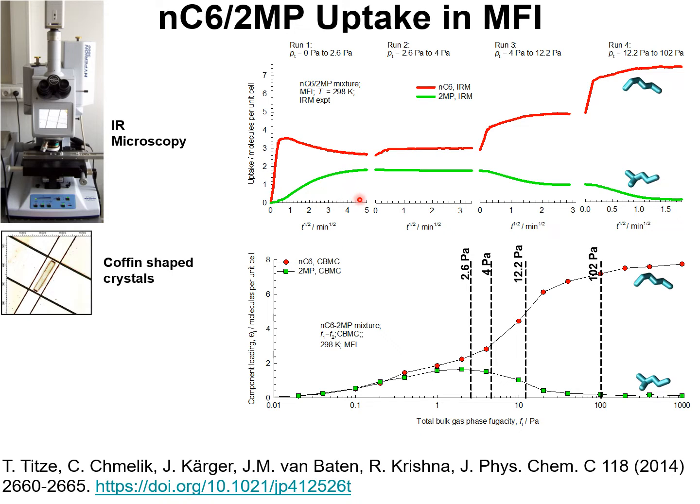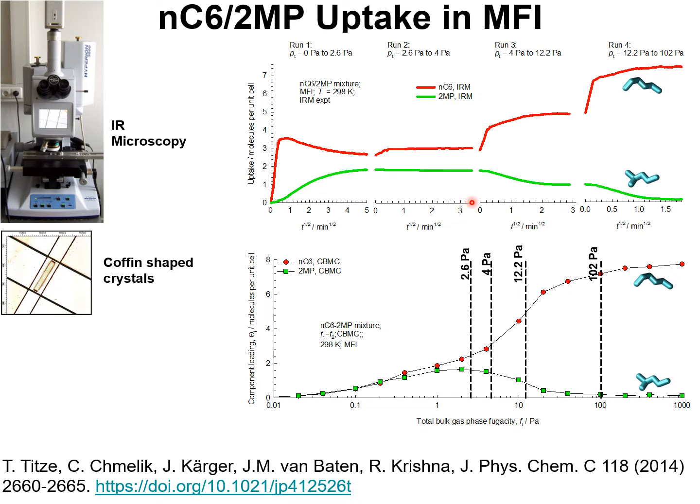After the crystals have equilibrated, the bulk gas phase pressure surrounding the particle of the crystals is increased from the equilibrated value at 2.6 pascals to 4 pascals. And then the uptakes of normal hexane and 2-methylpentane were monitored using IRM, and the results are shown in this portion of the graph.